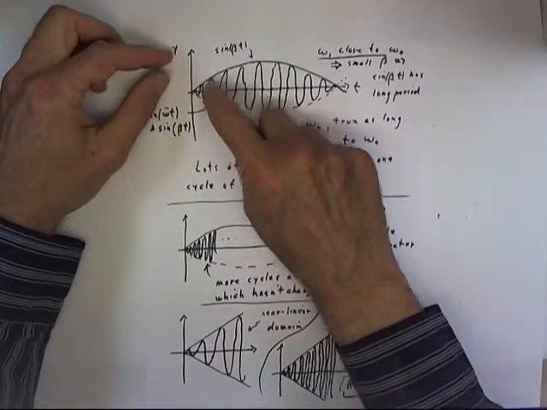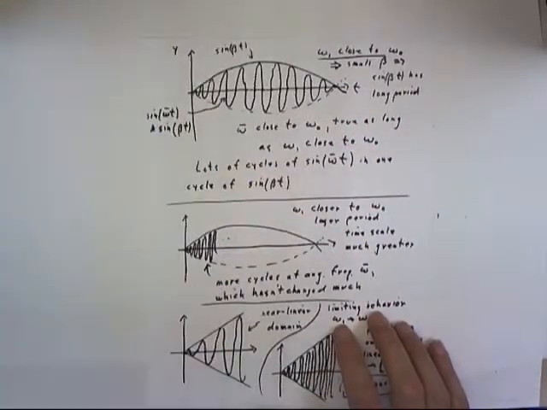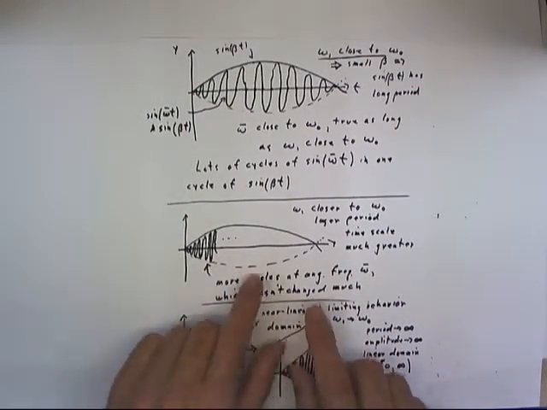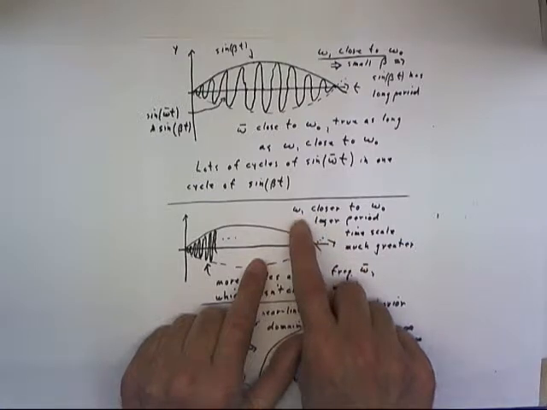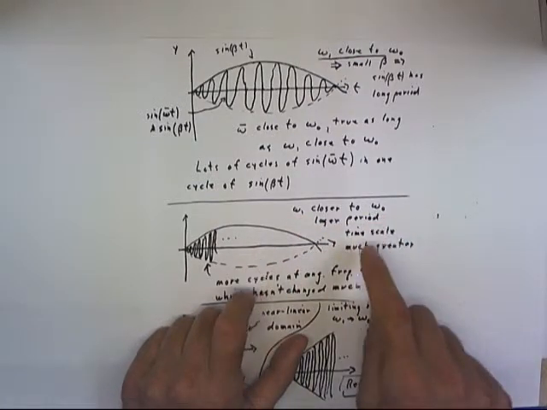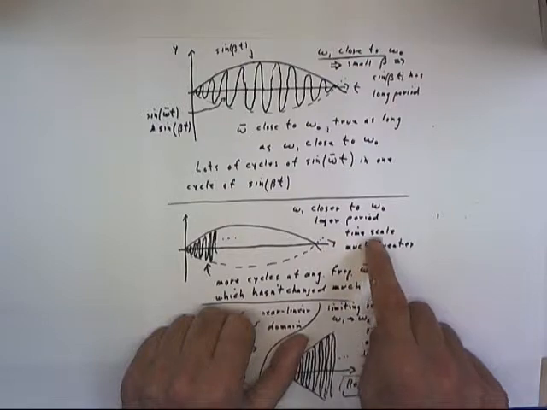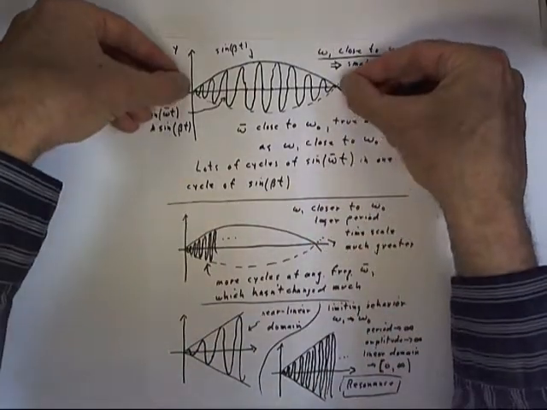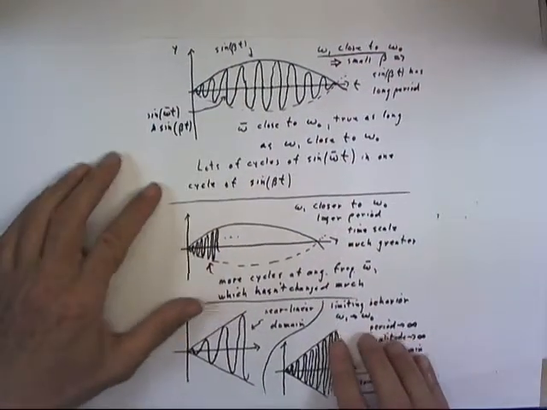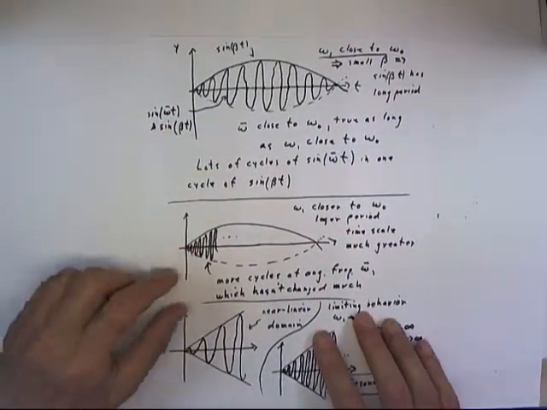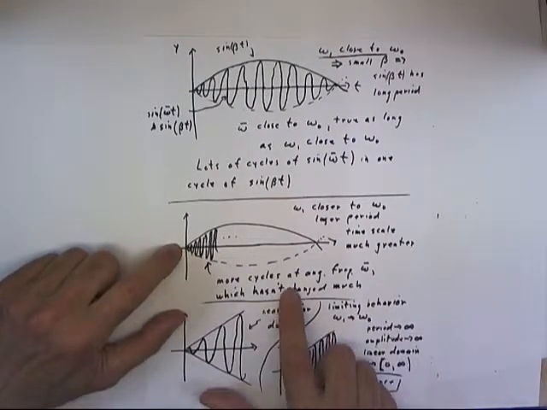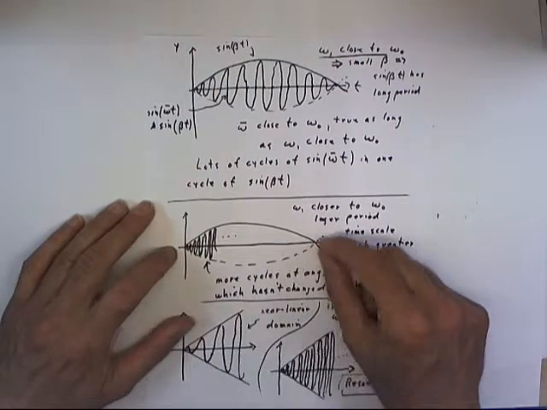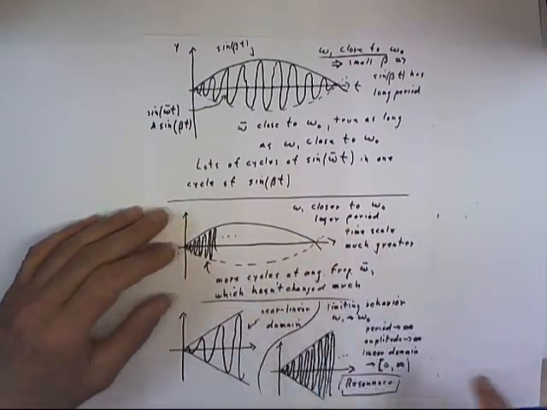The time scale of these oscillations is going to remain constant, so that we could begin to depict the situation when omega 1 is closer to omega naught. We're going to have a longer period. The time scale from here to here is going to be longer than it is from here to here. The period of the sine of omega bar t is not going to change appreciably, so there are going to be more of these inside of a half cycle of the sine of beta t.